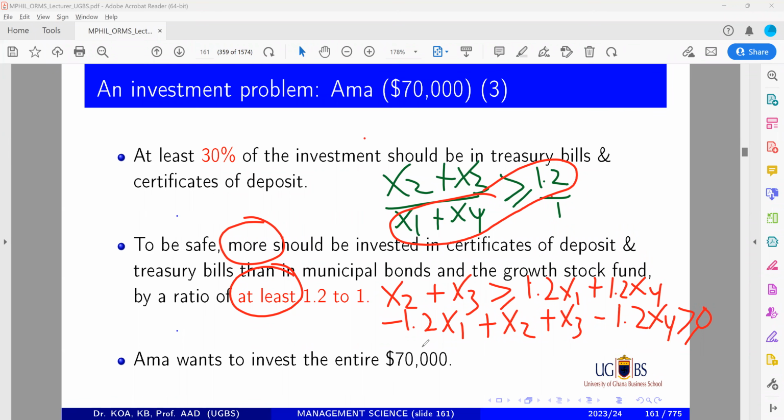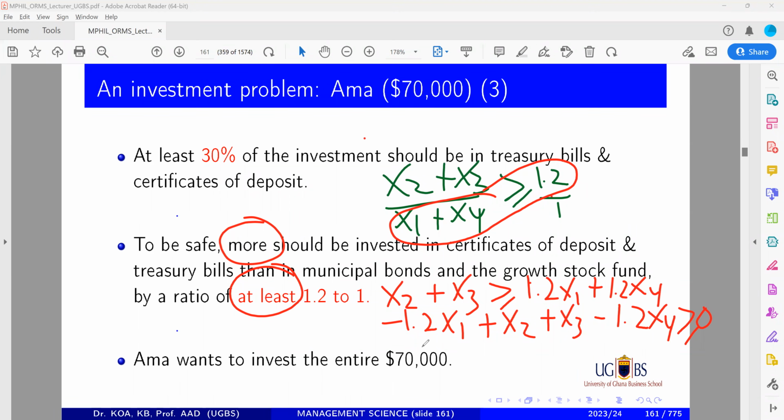Isaac. Yeah, Doc. I'm a bit confused with this constraint. The question says that more should be invested in CD and TB than in municipal bonds and growth stock by a ratio of 1.2. So I was thinking it's supposed to be X2 plus X3 greater than or equal to 20% of the CD plus the TB amount.